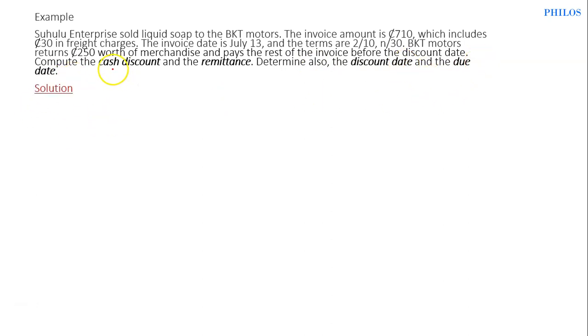To solve this, the question says we should find the cash discount first. And remember, before you can find the cash discount, you need to know the net purchase amount first. And what is the formula for the net purchase amount? The formula for the net purchase amount is the invoice amount minus merchandise returns, if there is any, then minus freight charges, if there is any also.